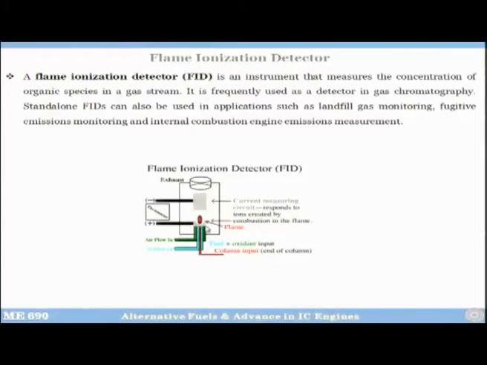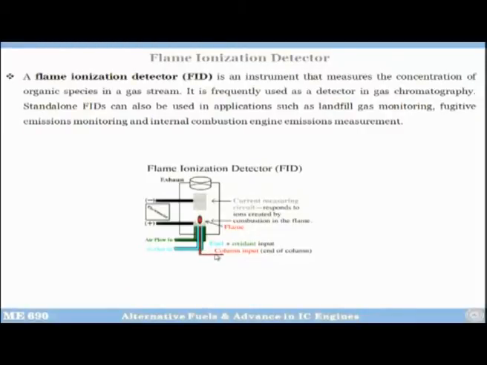So, when all these things mix here, what will it have? It will have fuel plus air, and the fuel will be just hydrogen, no carbon there. The only carbon that will be coming into this flame, once you light it, will be from the exhaust gas sample.